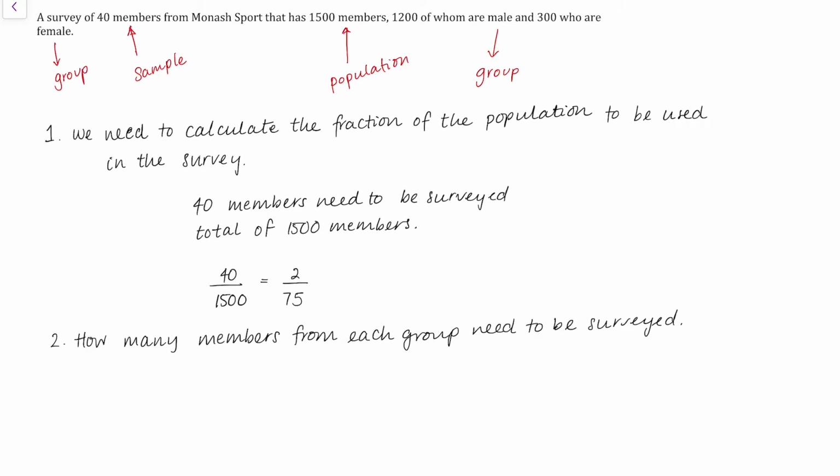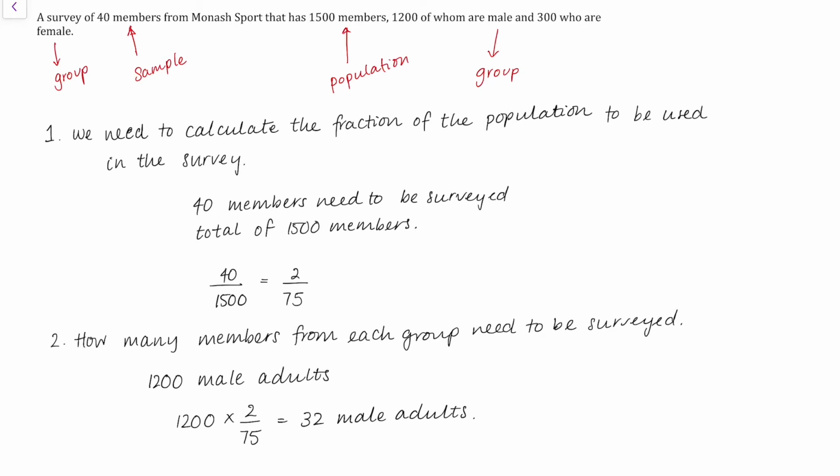So we've got 1,200 male adults, and in step 1 we calculated the fraction of the population to be used in the survey, which was 2 divided by 75. So I'm going to multiply 1,200 by 2 divided by 75. Now using your calculator or doing this by hand, we end up with 32 male adults.